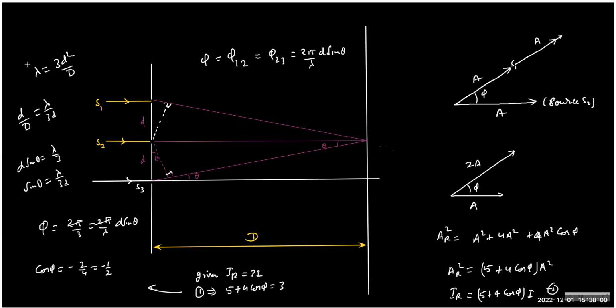The path difference here is square root of D square plus d square minus D. We have to solve exactly the difference, right?